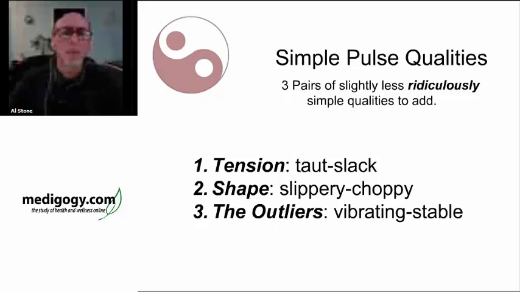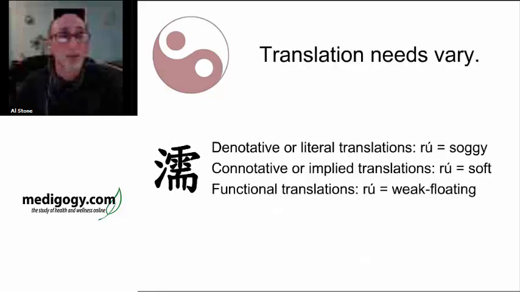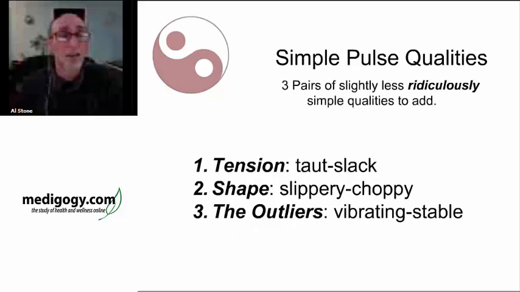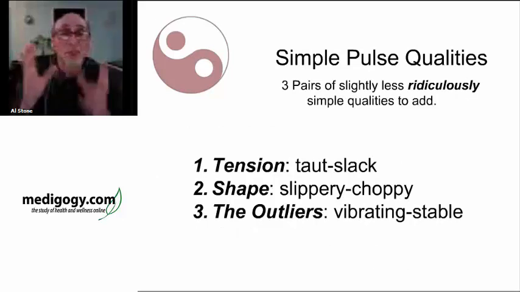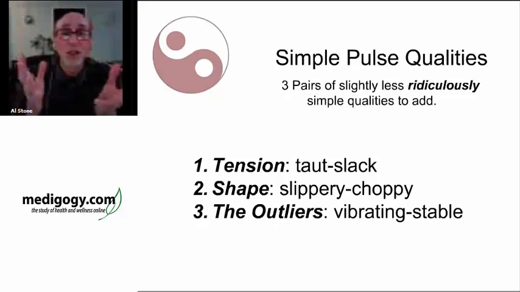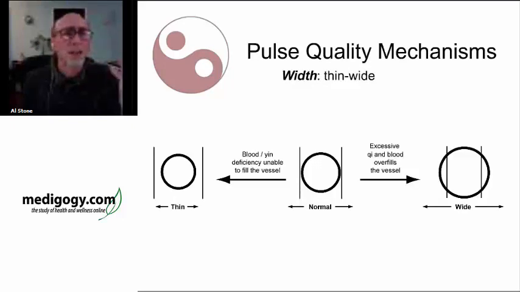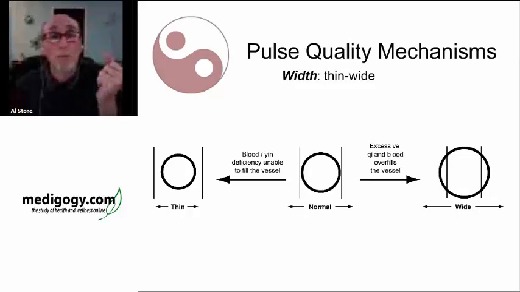But between these first six and the second three, those are all the qualities that exist for pulses. Everything else is just a mixture of a few of them to come up with soft, soggy, and all of these other parameters and words that tend to confuse us. So let's look at these simple pulse qualities.